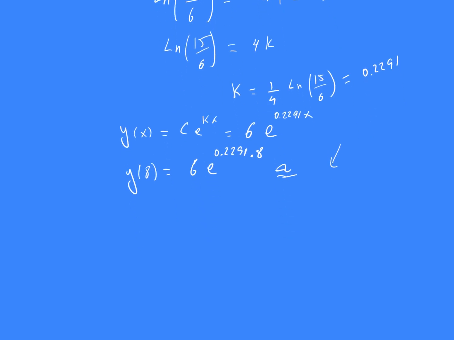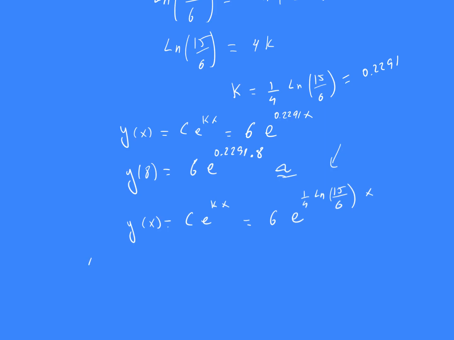The correct way to do it is to keep the k exact. So y of x is c e to the kx, where c is 6 and k is 1/4 natural log of 15 divided by 6, times x.